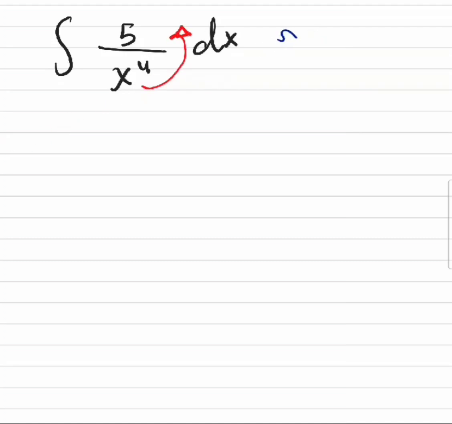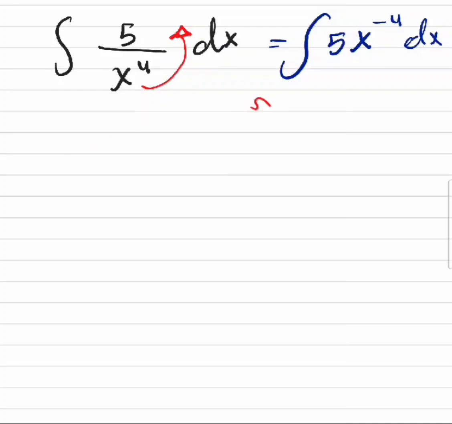Now let's try this one. 5 divided by x to the 4th. So first, let's rewrite it. This is 5x to the negative 4. And then let's add 1 to the exponent.